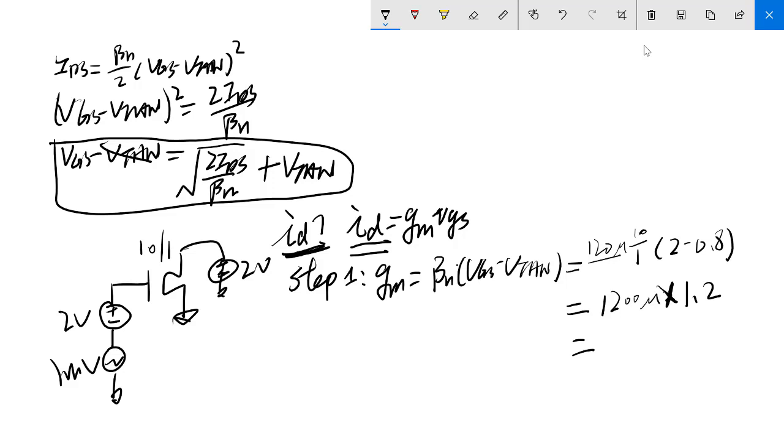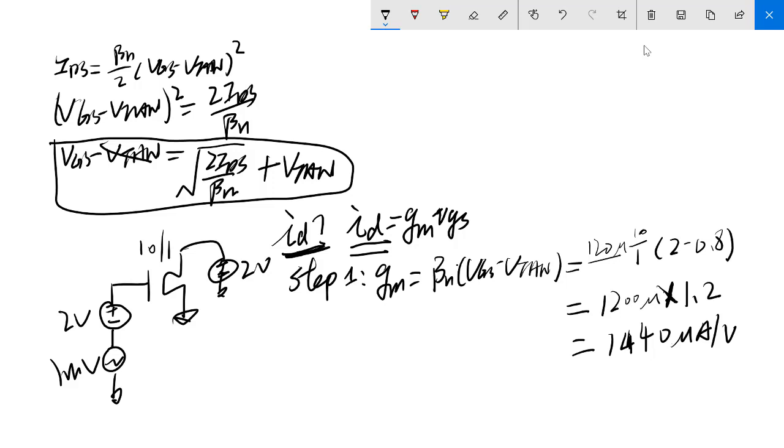So this will finally be 1440 microamps per volt. Okay, so that's gm.